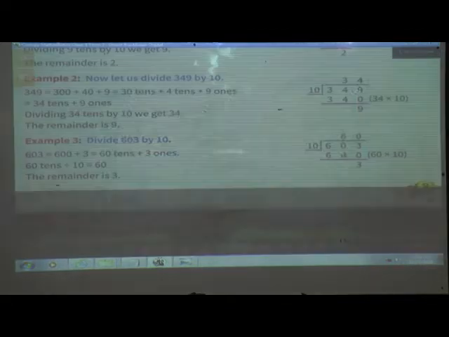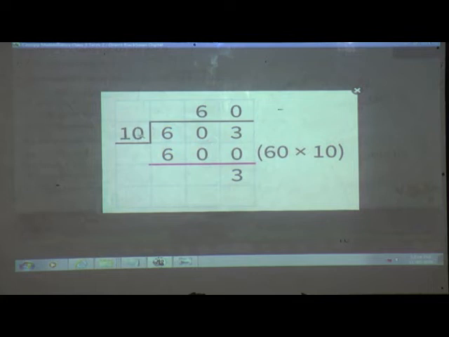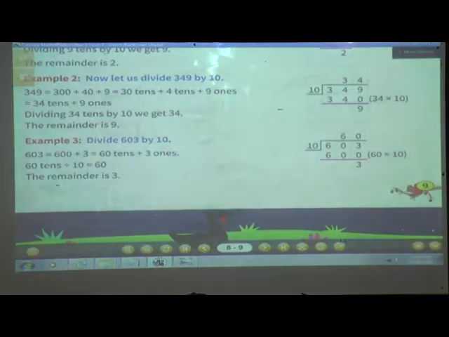So 603 divided by 10, for that we will do 60 into 10, which is 600. So 603 minus 600, you will get the remainder 3 and the quotient is 60. Okay, clear?